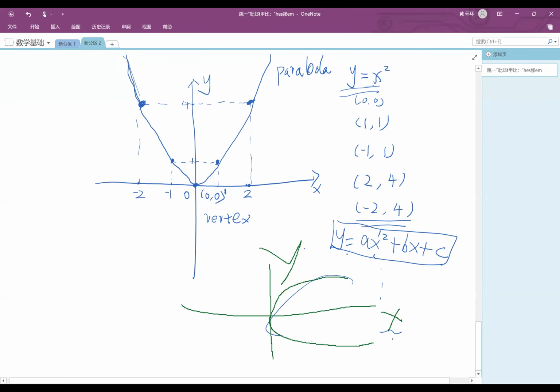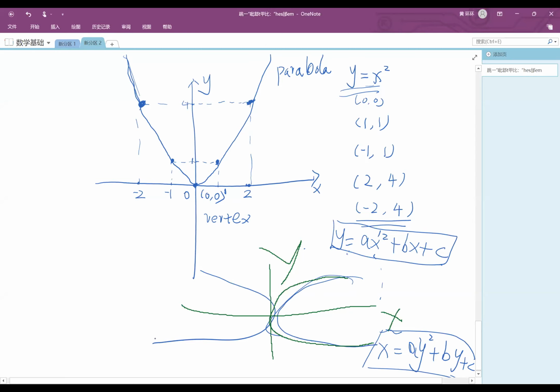And this equation must be x equals ay squared plus by plus c. If the equation is this, the graph is like this.